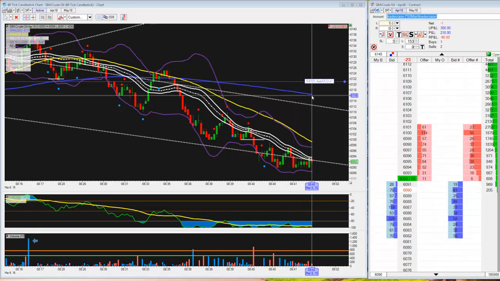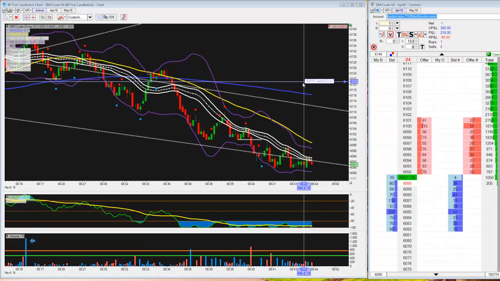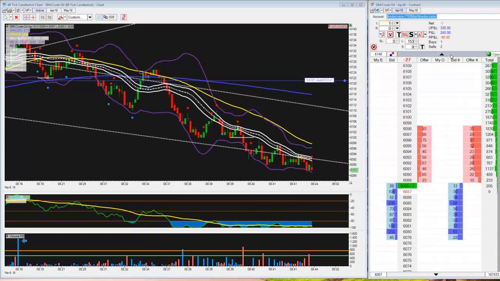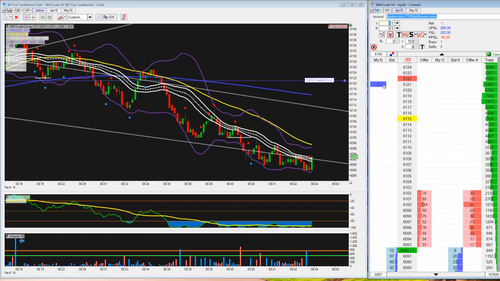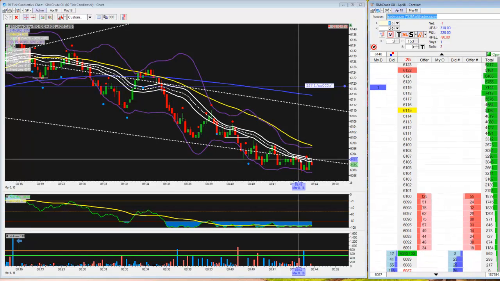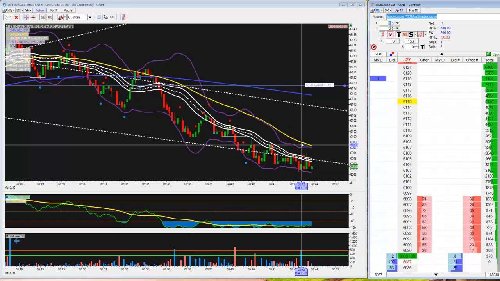Trying to catch this 200 bar SMA. We'll go ahead and lock in 19 now. Two P down is 60.56.